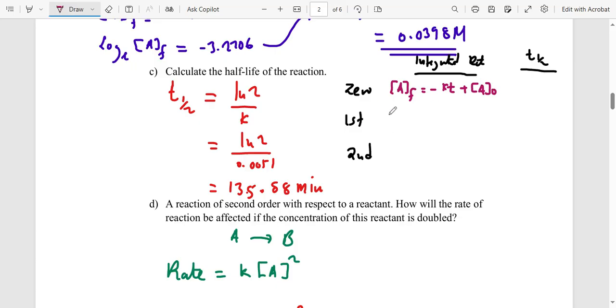The first order reaction is similar to this one. The only difference is you put natural log.